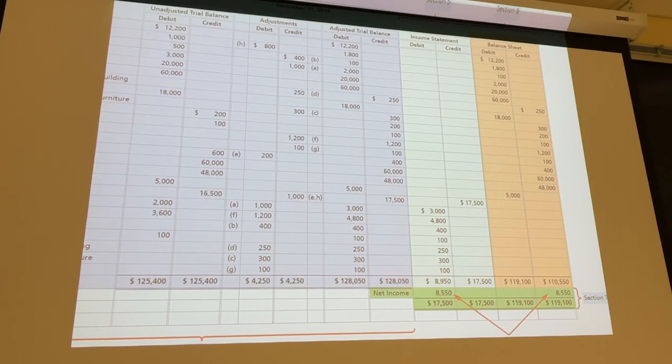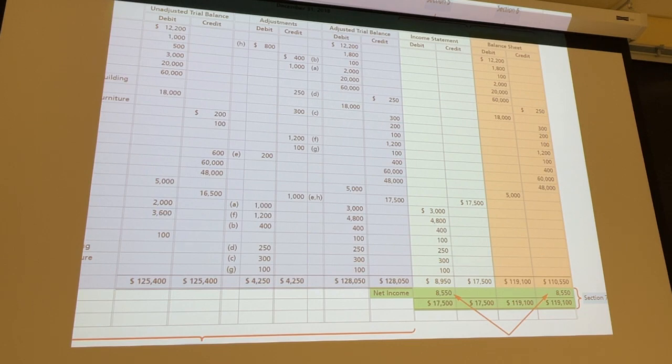And so what we do to force the two columns to be equal is we add net income, but in this case, we add net income at the bottom of the credit column, and that makes the two columns equal.